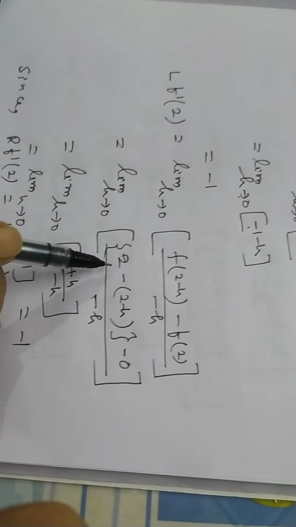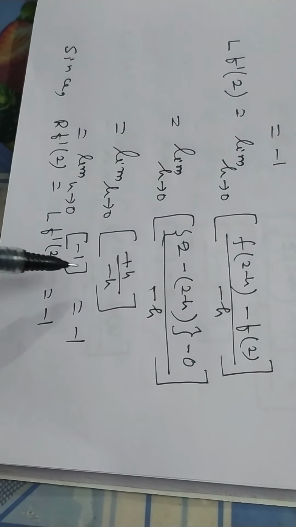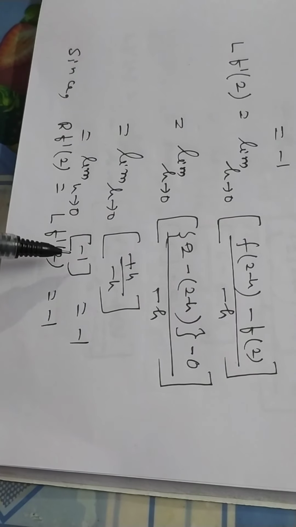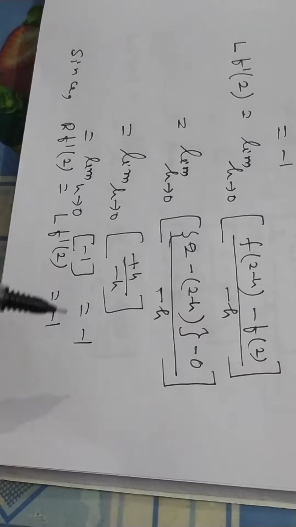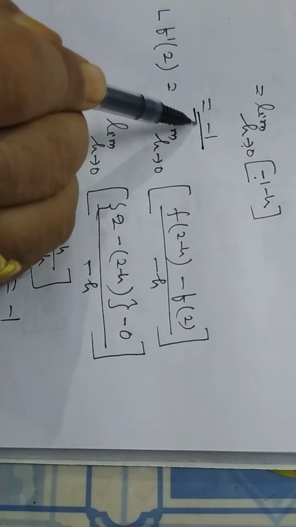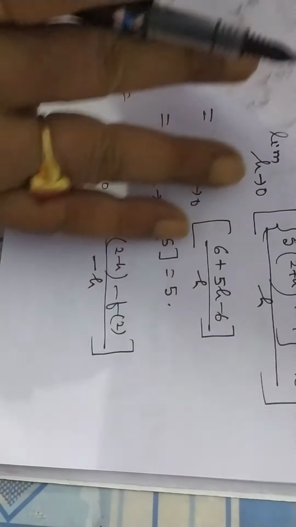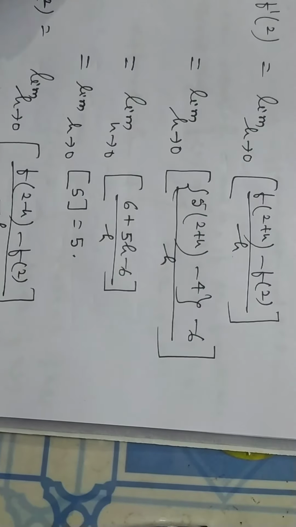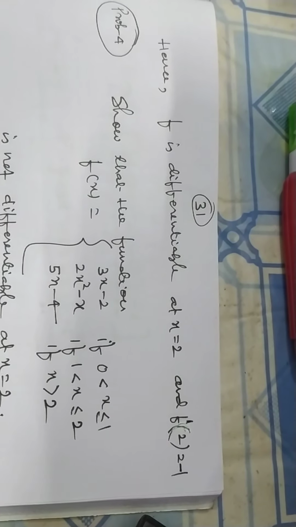So we put here 2 - (2 - h) - 0, and it will be h/(-h). So limit h tends to 0, -1 is equal to -1. So what do we observe? We observe that the value of the right hand side derivative and left hand side derivative at the point 2 is equal. So my dear students, in this way we can solve this problem.